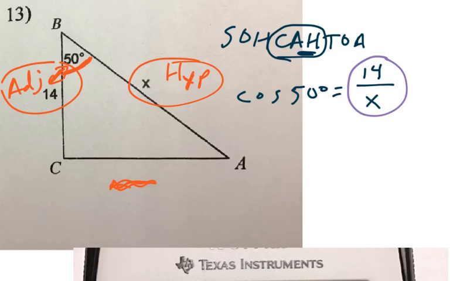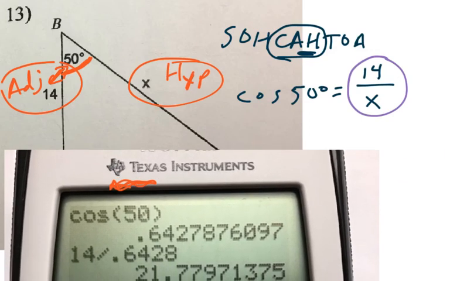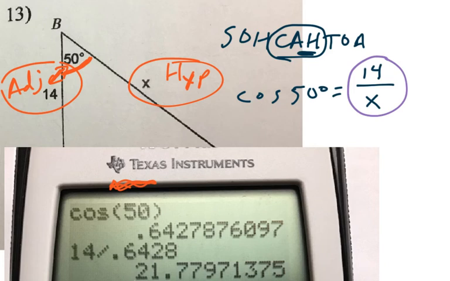First of all, let's find the cosine of 50. The cosine of 50, let me just slide it over here. As you can see right there is 0.6428, just keeping 4 decimal places.